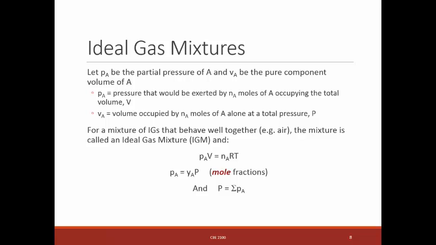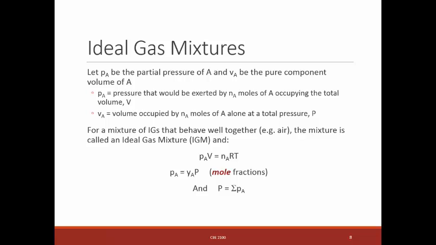We also can have a partial volume. Now the partial pressure is the portion of the pressure that is due to substance A. And a partial volume is the portion of the volume that is due to substance A. Okay?